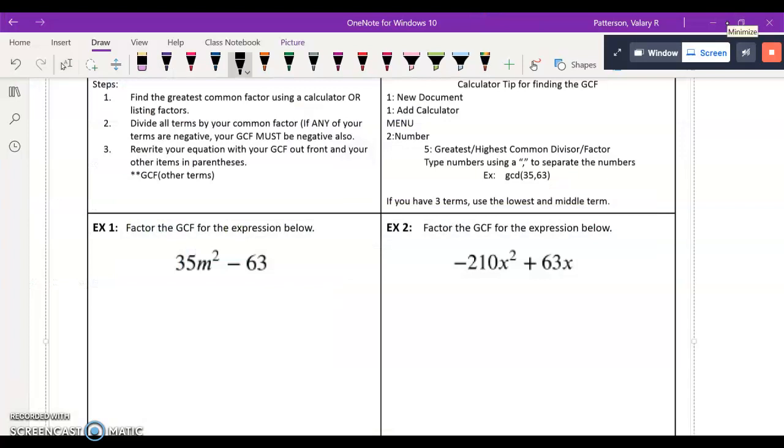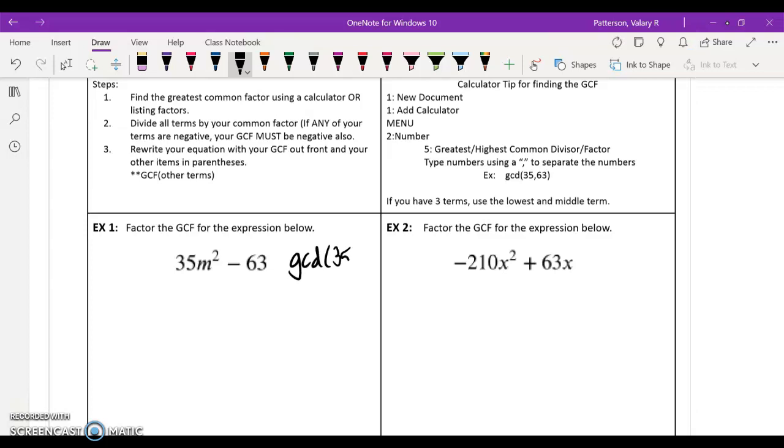So those numbers are both divisible by 7. Here I have GCD, and we got 7. Now what I'm going to do with that GCD, or that 7, is divide all my terms by that number. So if I have 35m squared, I'm going to divide it by 7.